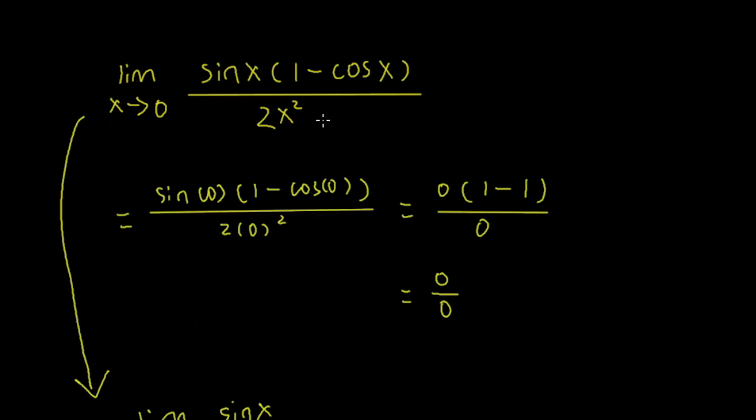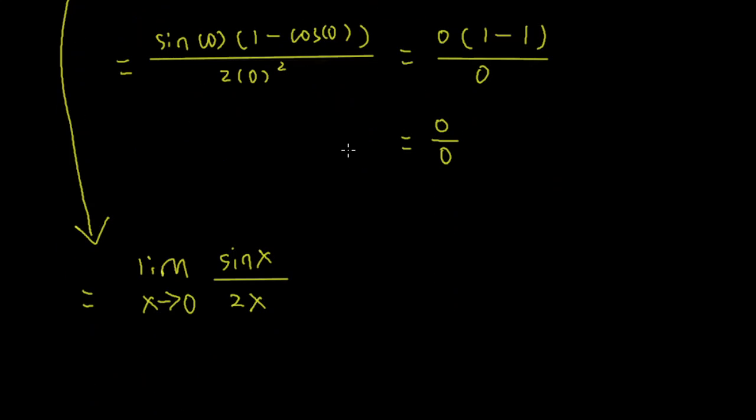Then what we have left is 1 minus cosine of x over x. 2x times x is 2x squared.